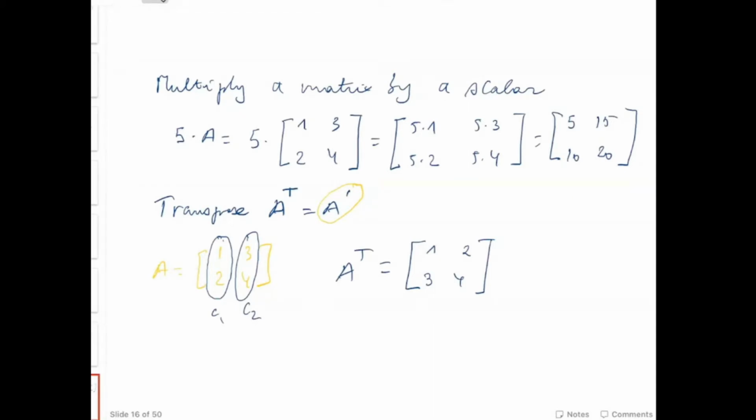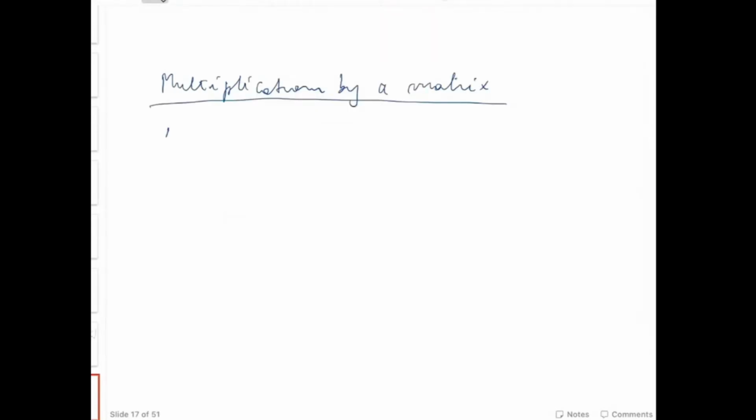So how do we multiply a matrix by a matrix? If we consider our original matrix A, that was 1, 2, 3, 4, and then B, that was, let's say, 2, 1, 4, 3.